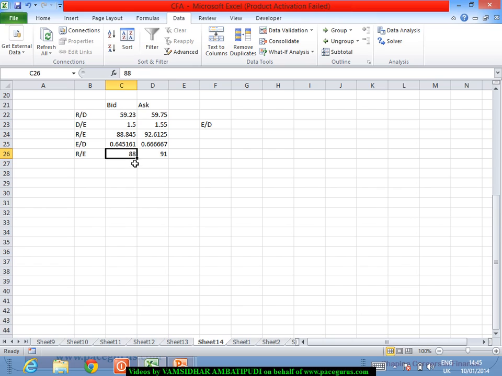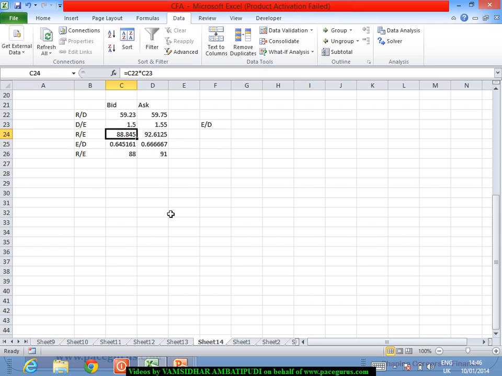So if I go with this route, I would be selling euro at 88 rupees, whereas if I go with this route, I can sell €1 at 88.84 rupees. This is the difference.